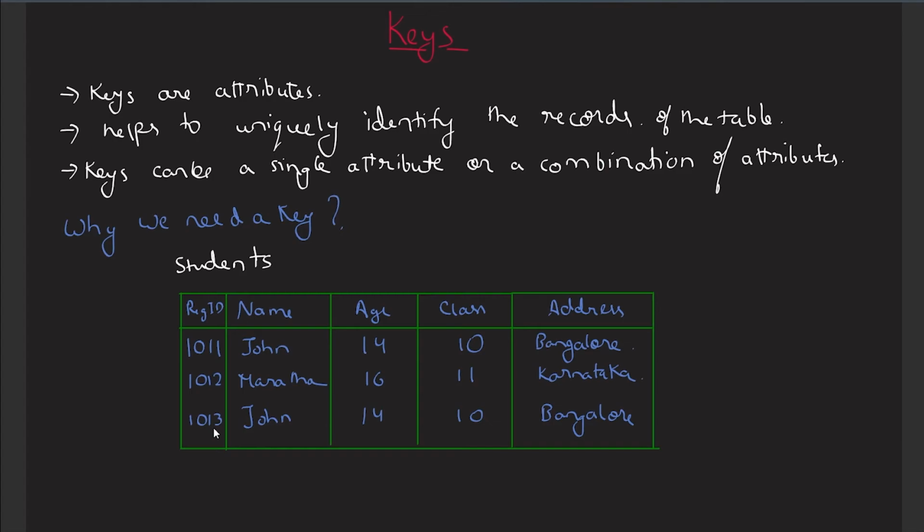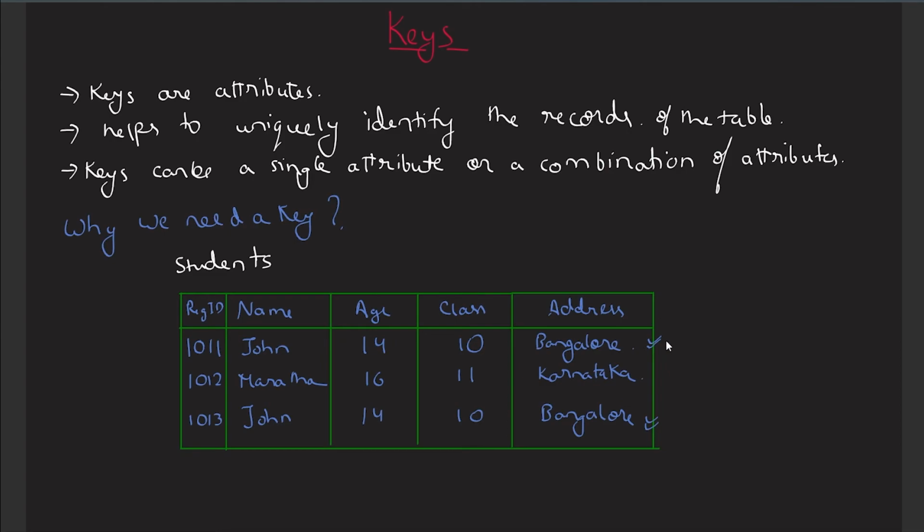Now, if we want to get the information about the student whose registration ID is 1013, then we will get this record. If we want to access the information about the student whose registration ID is 1011, then we will get this first record. So that is how a key, if we include it in the table, will uniquely identify the rows.